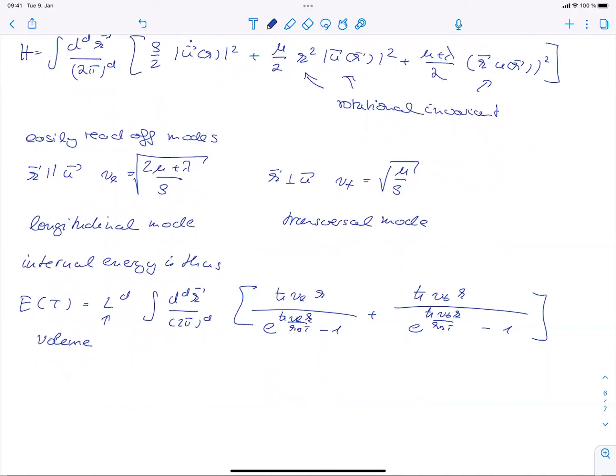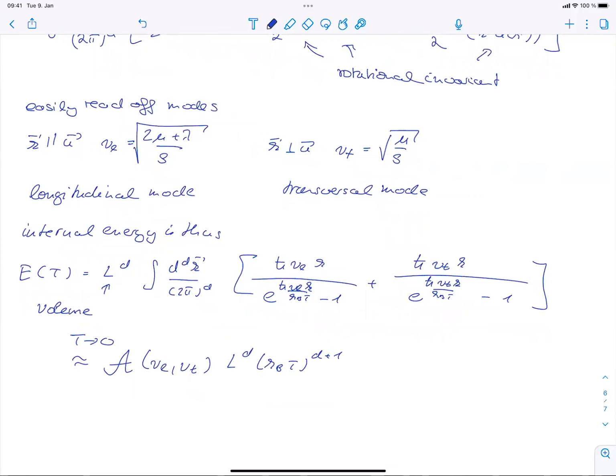And again, we can look at the behavior as we take temperature to 0. And so as we take T to 0, we see that there's some prefactor that depends on the exact value of V_L and V_T. But what is really dominating the scaling is L to the D, k_B T to the D plus 1.